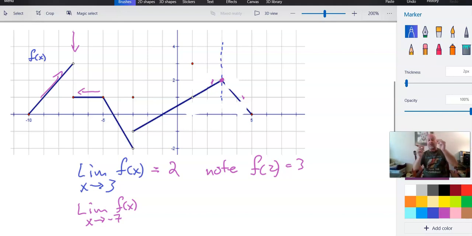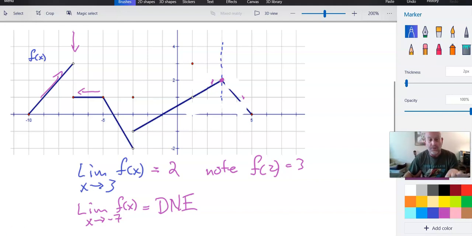If you're getting two different values from two different sides, the limit does not exist. And that's a pretty common thing to write, DNE, for does not exist. Later on, there'll be other types of designations, because when a limit doesn't exist, sometimes there's different things you can do with them. But for right now, we're just going to identify them as not existing.